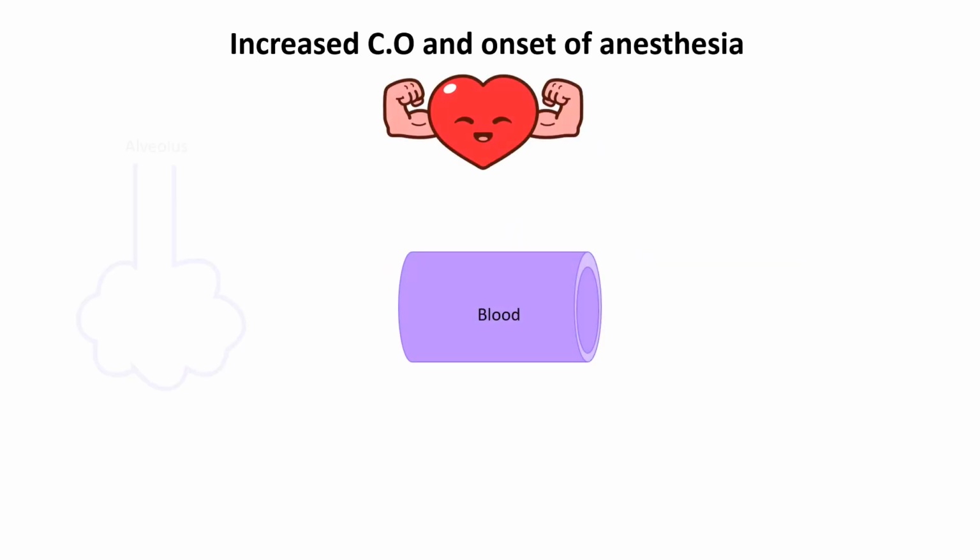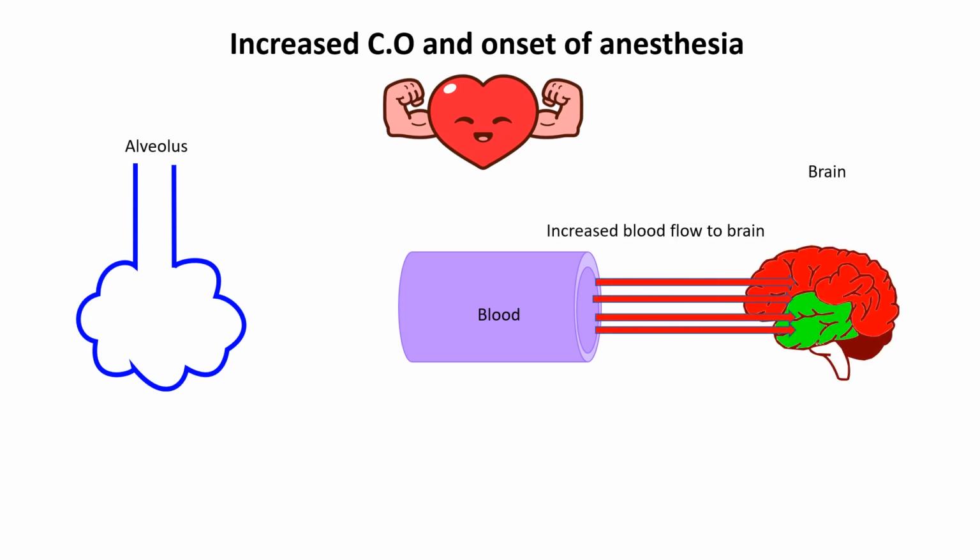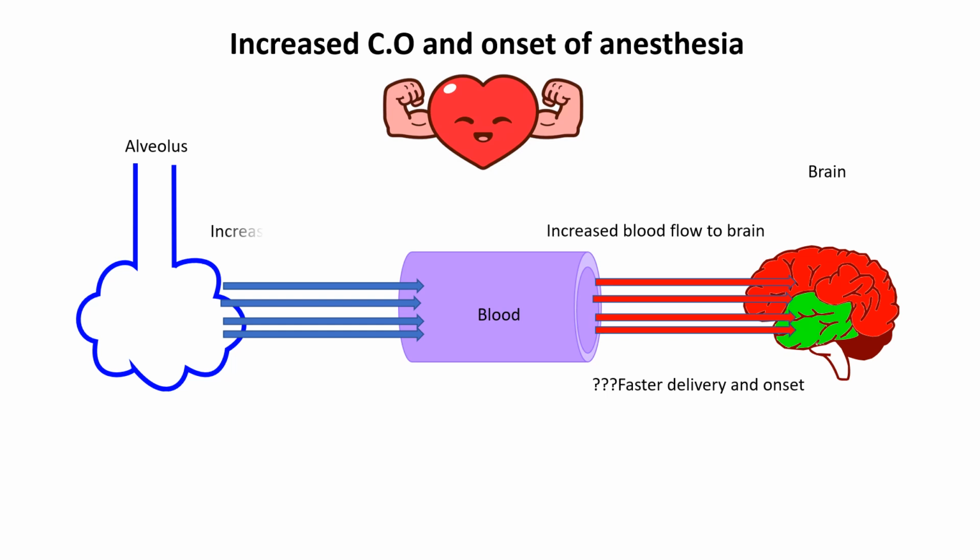Increased cardiac output appears to enhance the delivery of anesthetic to the brain via systemic circulation, therefore increasing the speed of induction. However, it also increases the uptake of anesthetic from the alveoli into the blood, thereby reducing the alveolar partial pressure. Since the difference in anesthetic pressure between the alveoli, blood and brain is the primary factor that drives its diffusion, the anesthetic will enter the brain more quickly when alveolar pressure is high regardless of the brain's blood flow, as long as the gradient exists.